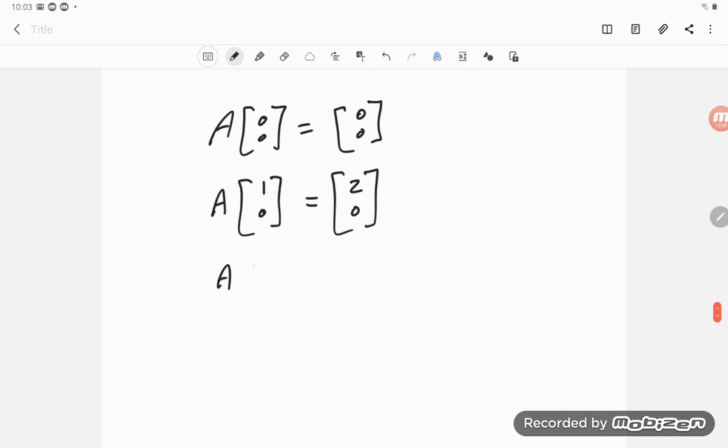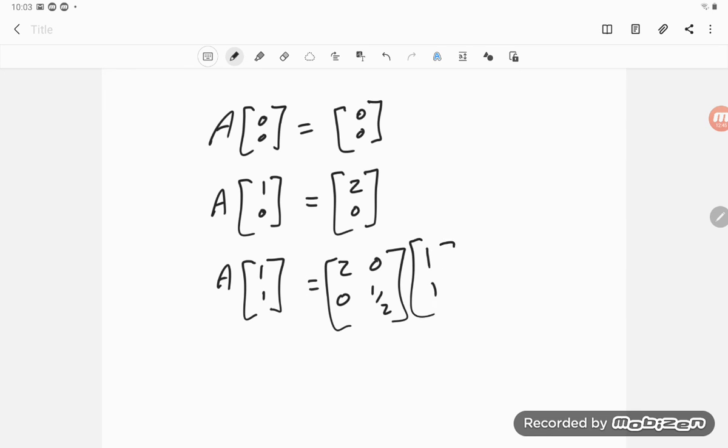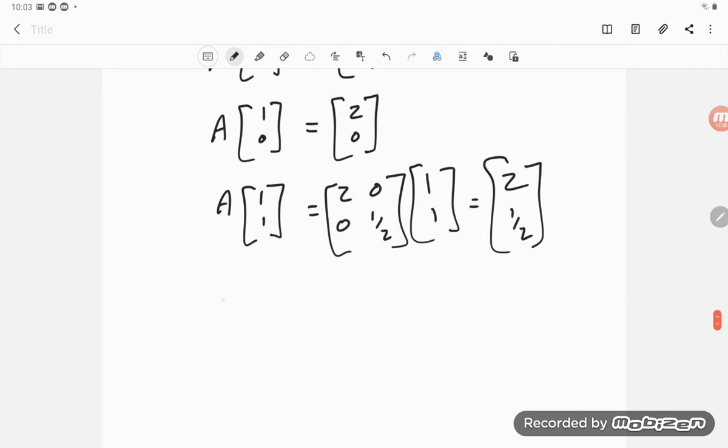Then A times 1, 1, well, that just gives me 2 for the first component, and then 1/2 for the second component. And then A times 0, 1 gives me the second column of A, so that's 0, 1/2.